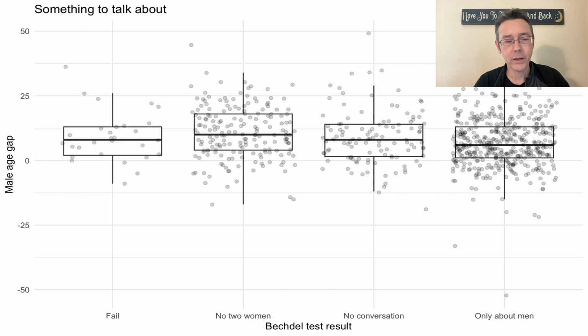If you kind of squint hard and put your hand over the fail box and just look at the 3 boxes on the right, there does seem to be somewhat of a downward trend. So as the movies are sort of doing a little better on passing the Bechdel test, they do seem to have a little bit less of a male age gap, but it's pretty small.